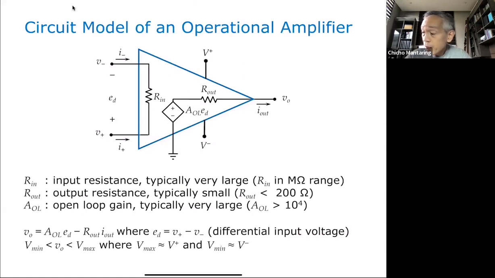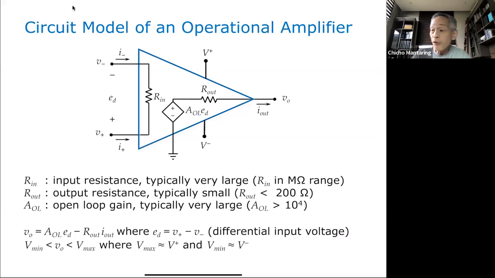Now, the output voltage cannot be indiscriminately large or indiscriminately small. There will be a cap to the maximum value of your output voltage and the minimum value of your output voltage. And usually that cap is dictated by your positive supply voltage and by your negative supply voltage.